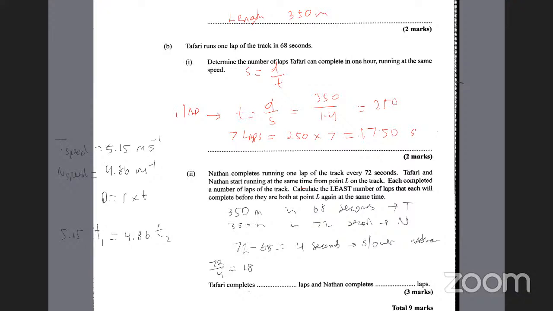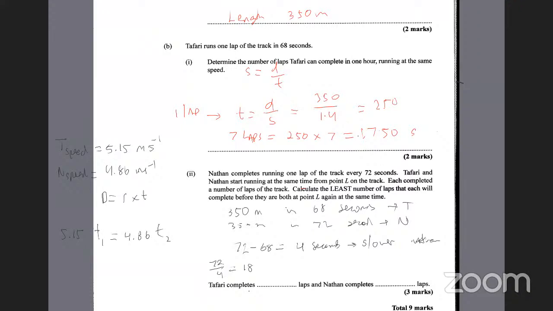I just want to make sure I'm stating it right. Then they will meet back at the same point. So Nathan completes, right? So it appears that 18. All right, I've had to solve this a different way, right?